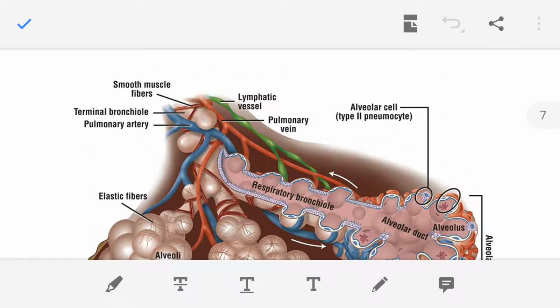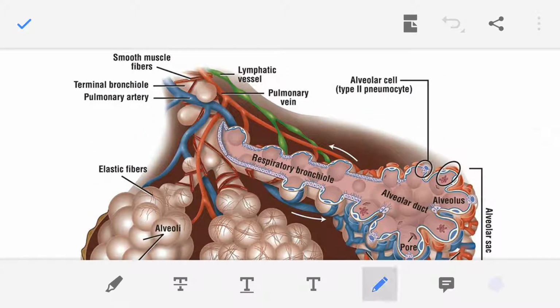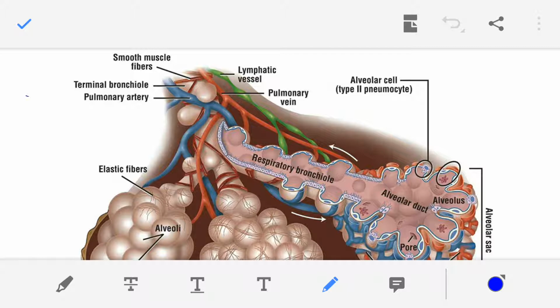For example, over here in this figure, the terminal bronchiole is shown, then the branch of the terminal bronchiole, known as the respiratory bronchiole, and over here you can see the dilation.